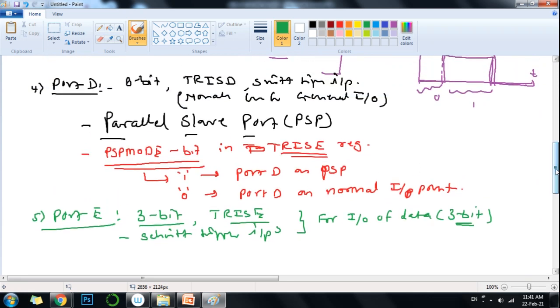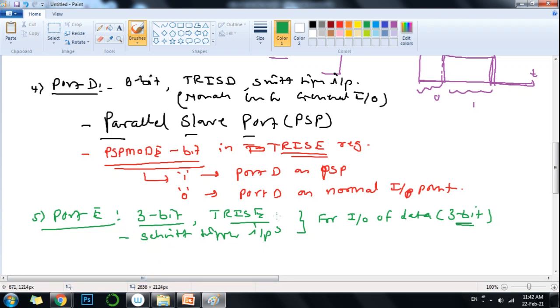That's all. Okay, now when you look at the TRIS-E register, we'll notice that actually it's an 8-bit register, but 3 bits of this register will be used to decide whether these 3 bits of port E will work as input bits or output bits, and the remaining 5 bits of the register are used for some other function, and that function is typically related with PSP mode of operation of port D. So that's how these two ports are interlinked.